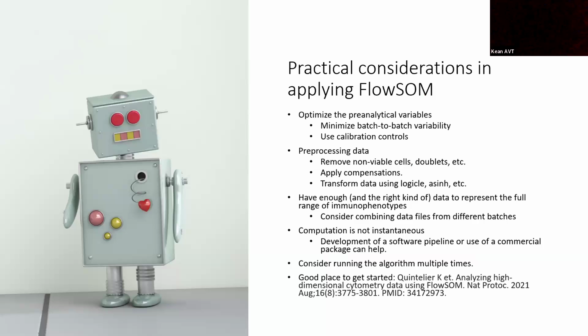Okay, so some of the practical considerations, of course, you want to minimize the pre-analytical variables, so minimizing batch-to-batch variability and using calibrations. You want to pre-process the data, so removing the non-viable cells, doublets, and so forth. Also applying the compensations and transforming the data.